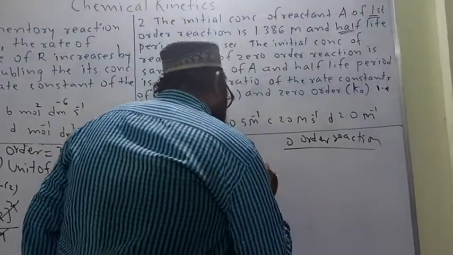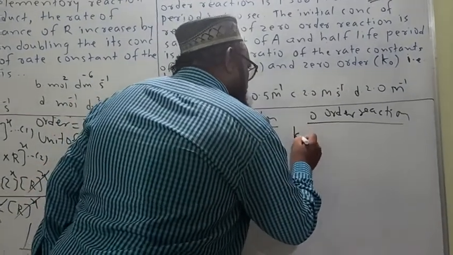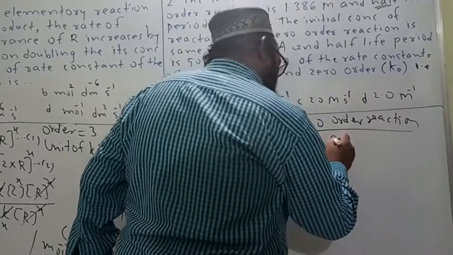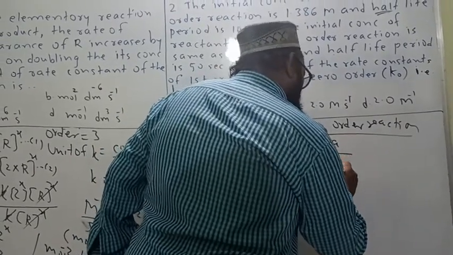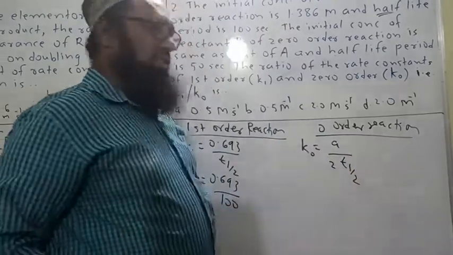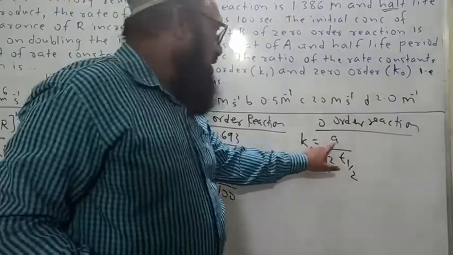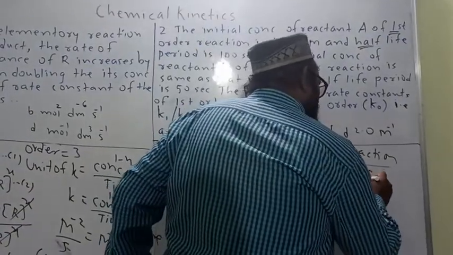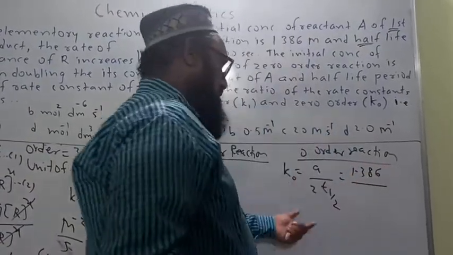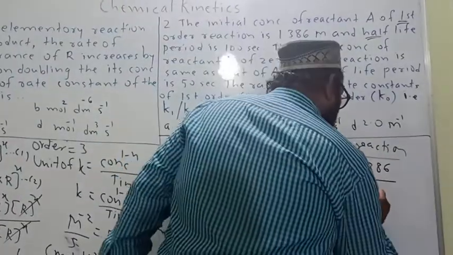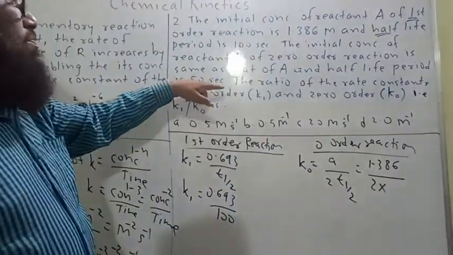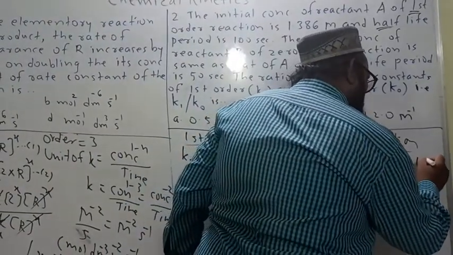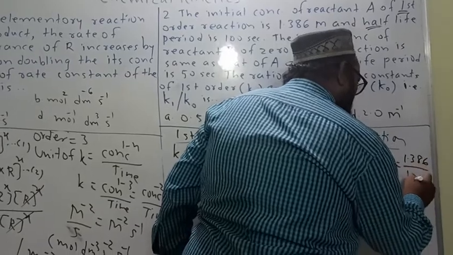This is the relationship. K0 is equal to A upon 2 into T half. Here, the initial concentration is 1.386 molar. Then what is the half-life period of this zero order reaction? 50 seconds. So it is equal to 1.386 upon 100.